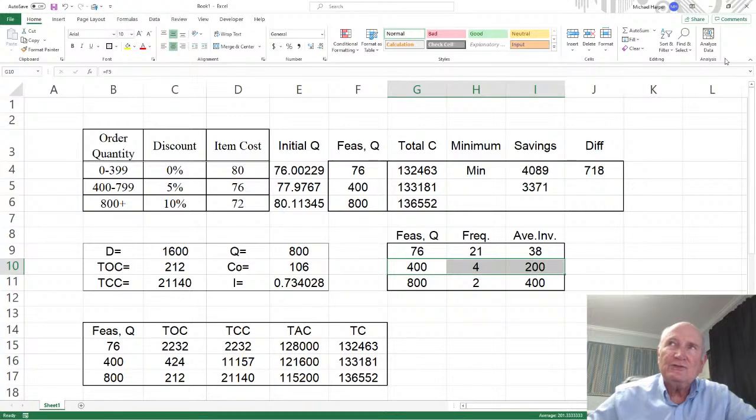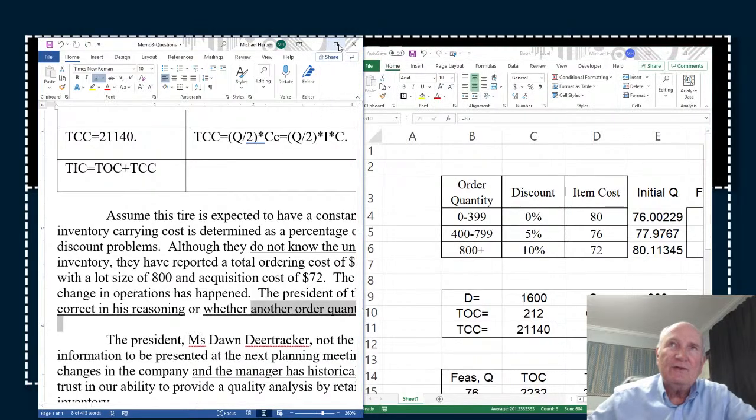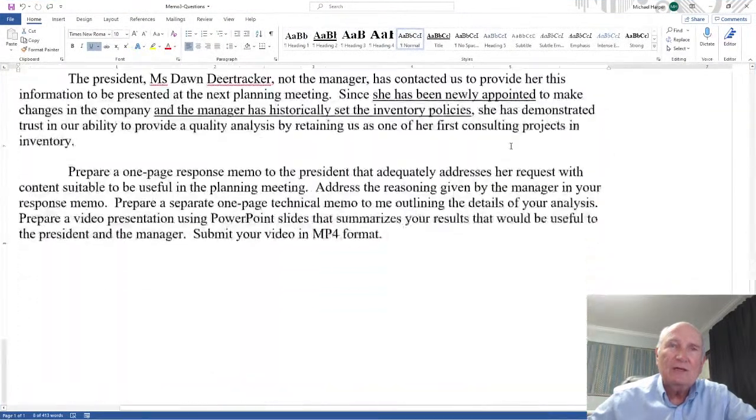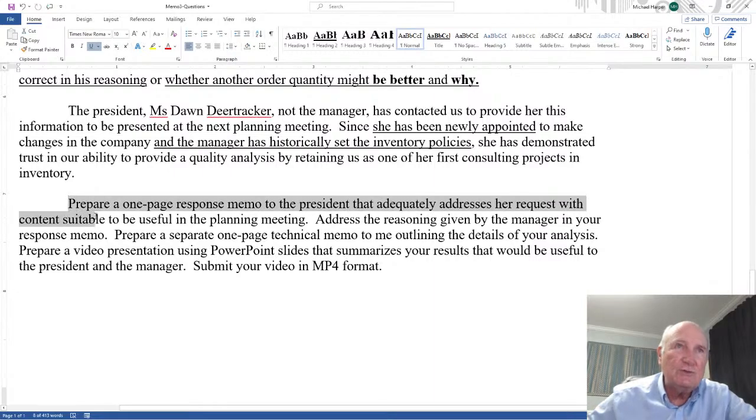And so you're charged with this conversation with the group, putting together what you feel is going to be the best way to respond. Prepare a one-page memo to the president, to Ms. Deer Tracker, that adequately addresses her request with content suitable to be useful in the planning meeting.